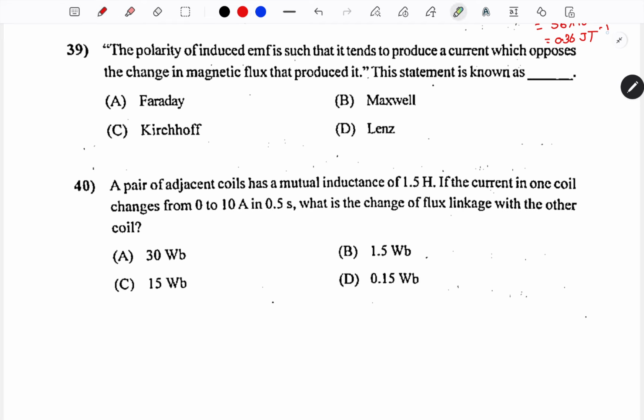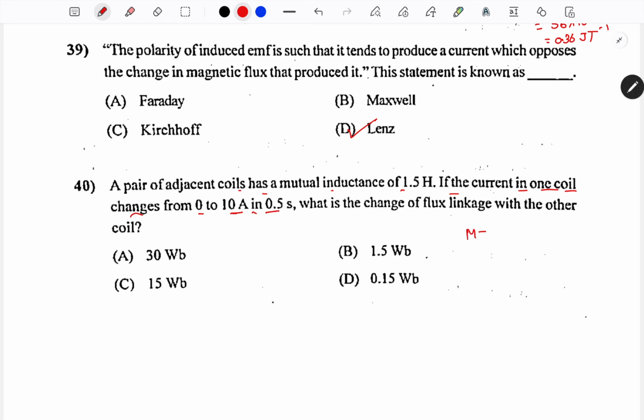Moving further, next question. The polarity of induced EMF is such that it tends to produce a current which opposes the change in magnetic flux. A pair of adjacent coils has mutual inductance 1.5 Henry. If the current in one coil changes from 0 to 10 ampere in 0.5 seconds, what is the change of flux linkage with the other coil? Okay.